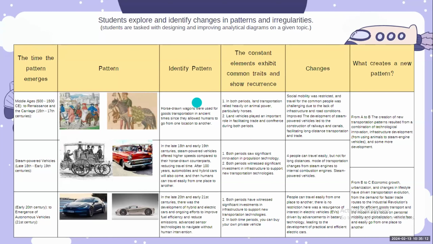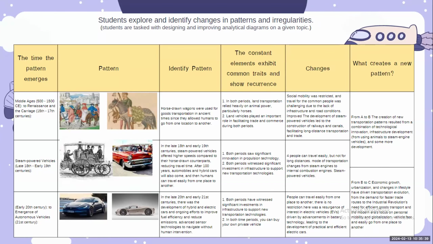And the identifiers: both contexts exhibit common traits. In both periods, land transportation by animal power and land vehicles played an important role in facilitating trade and commerce, because they were used for transportation for trade and commerce, not for people, since the steam engine vehicle was mostly used for carrying luggage from one place to another.